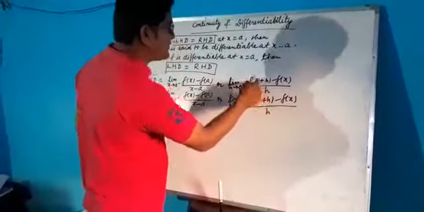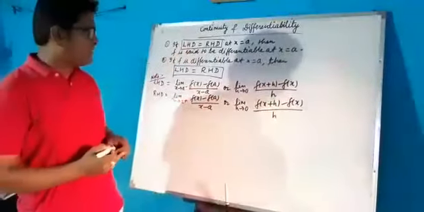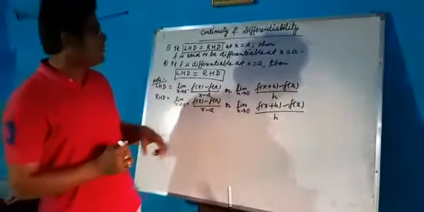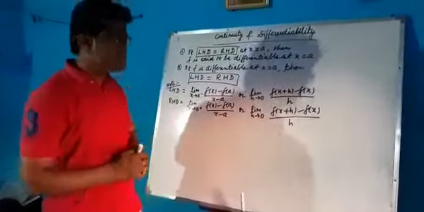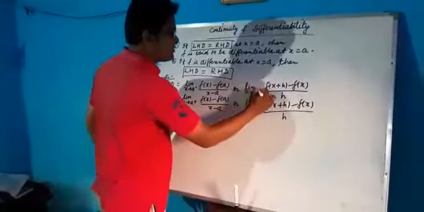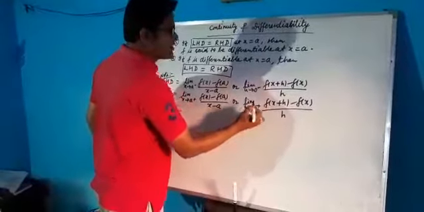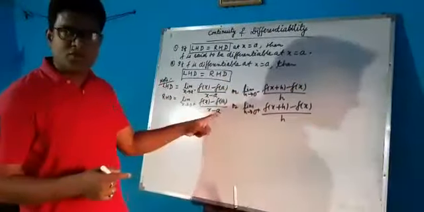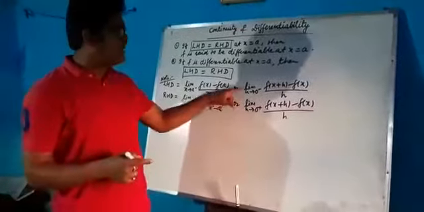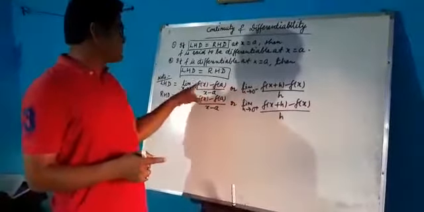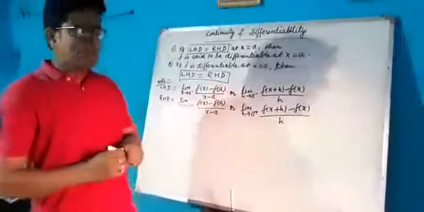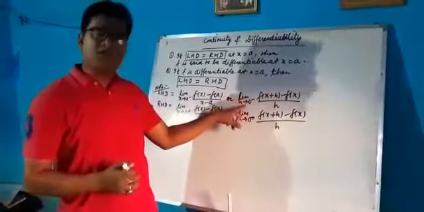Now it is tough to find out whether it is left hand limit or right hand limit. So we put a sign here, 0 minus, and here 0 plus. But here 0 minus does not mean to the left of 0 or to the right of 0. It is again representing according to x tends to a minus or a plus. If it is x equal to a minus, it will be to the left of a.